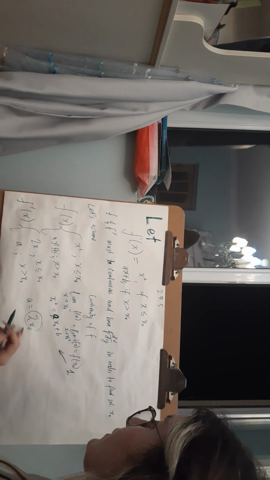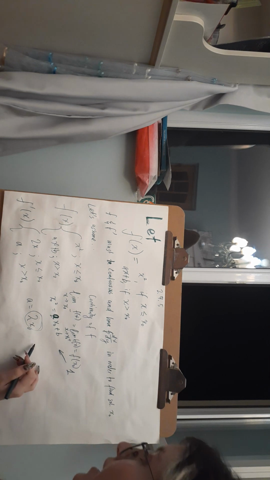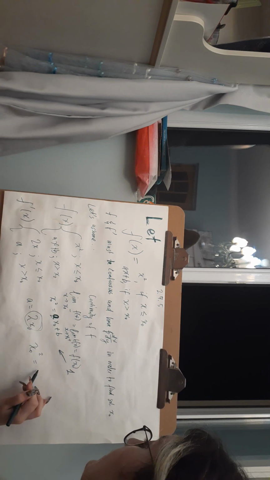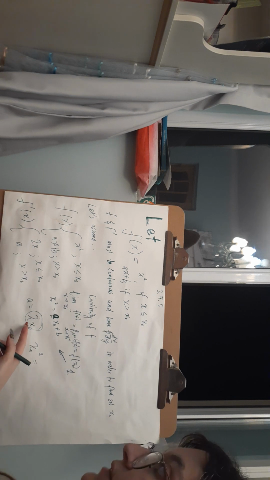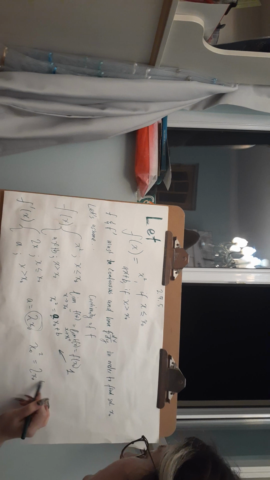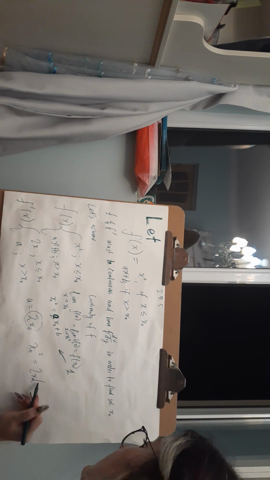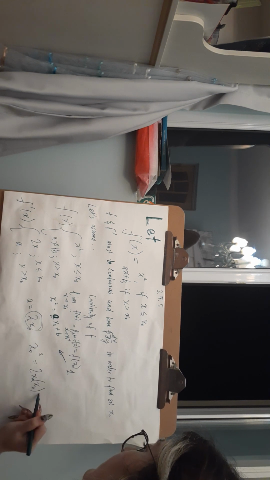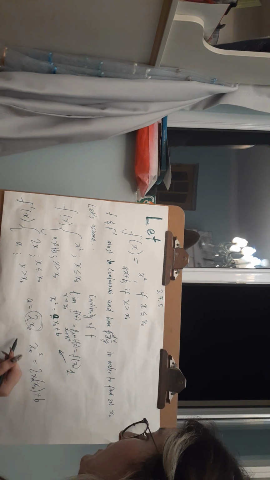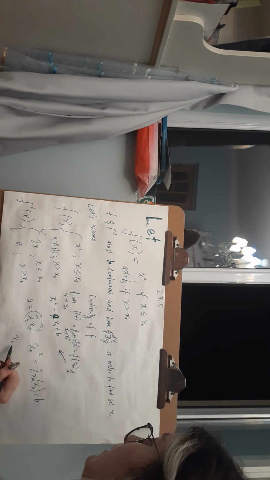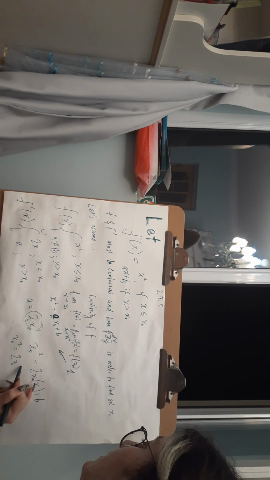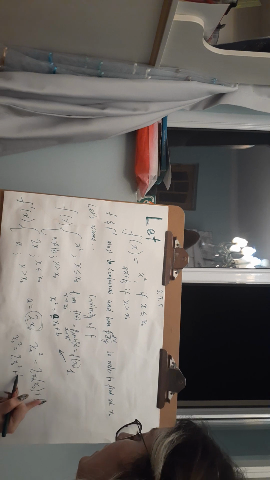So then we have x naught squared equals, instead of a we put 2x naught, multiplied by x naught plus b, which is x naught squared equals 2x naught squared plus b.